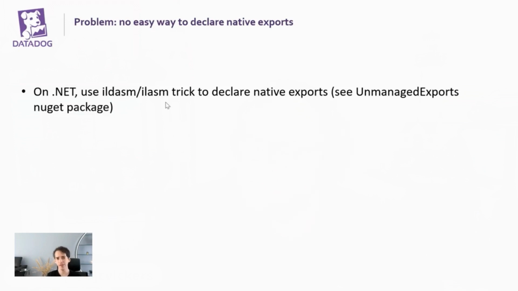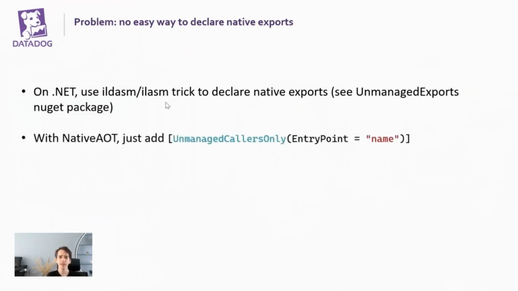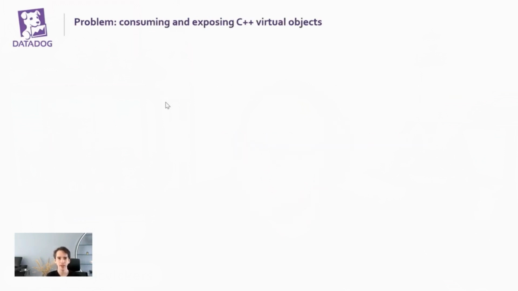But it's a bit complex, and sometimes it fails, and you don't really understand why. But fortunately, with native AOT, this is directly supported at the C# level. And so you just need to add the UnmanagedCallersOnly attribute to a method, and it will automatically generate a native export. So that's one less thing to worry about.